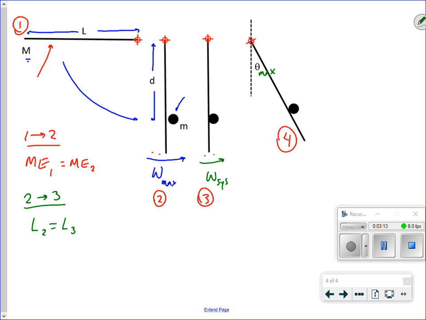And then from 3 to 4, what we now have is a system that does not involve any additional interaction between objects. The objects are now a system, and now this system, ME3, conserves mechanical energy again.